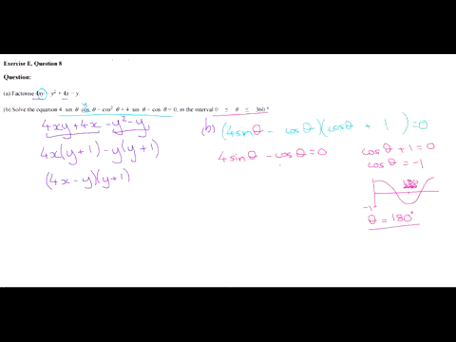Let's see what happens here. This one's a little bit harder. This one, I've got to try and solve it, but I've got mixed trig ratios. So we need to try and make that 1. Now, if I divide everything by cos theta, I'll do this like this.